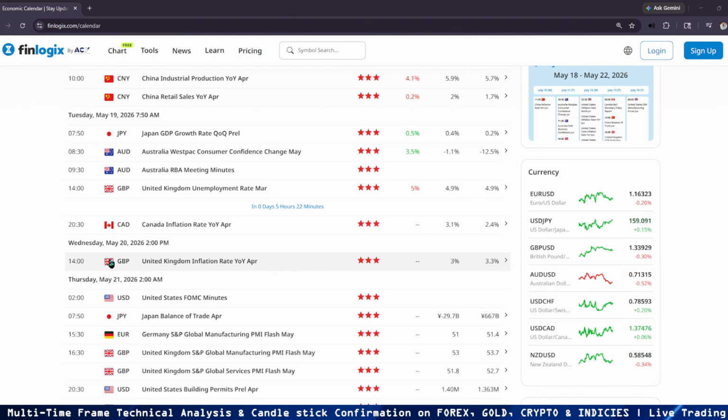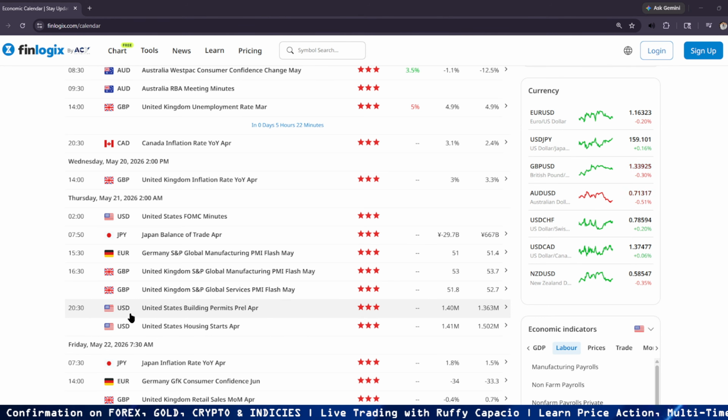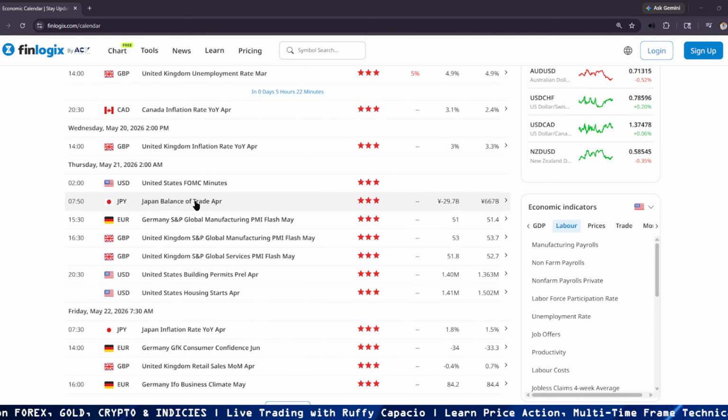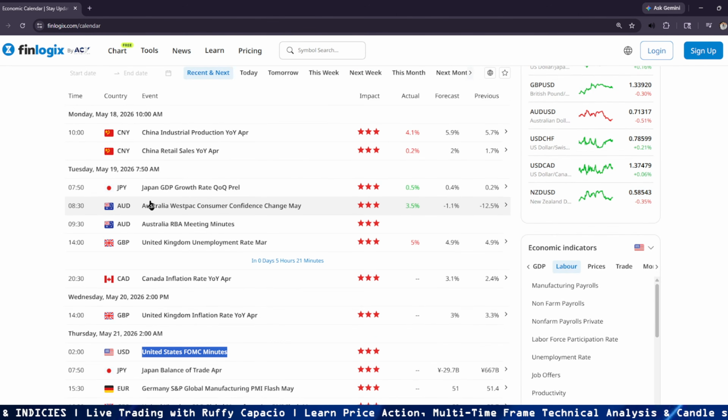Also on Wednesday, there is some high impact news, the inflation rate on GBP. And this upcoming Thursday, there is a lot of news on the USD pairs, JPY, Euro, GBP again, and also on the major pairs, USD. And there is an FOMC. Possibly this could give some volatility in the markets.